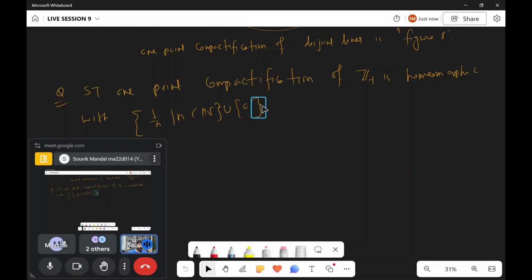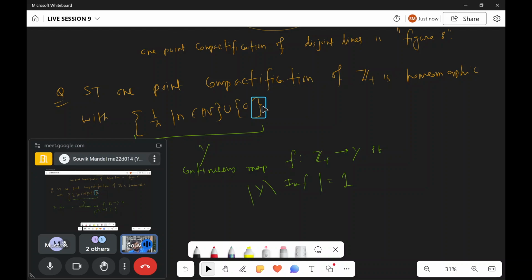That is, if we call the space Y, you need to find a continuous map f from Z plus to Y such that Y minus the image of f contains exactly one point.